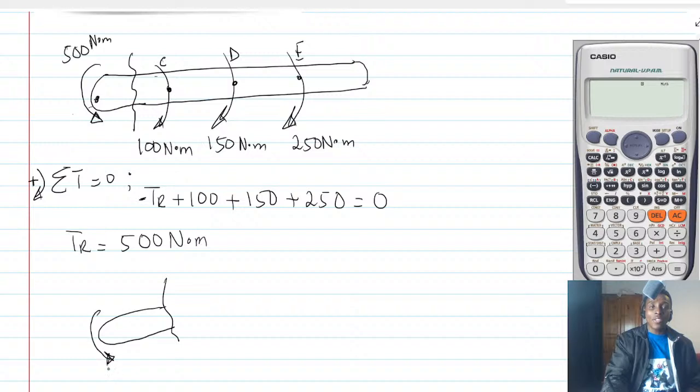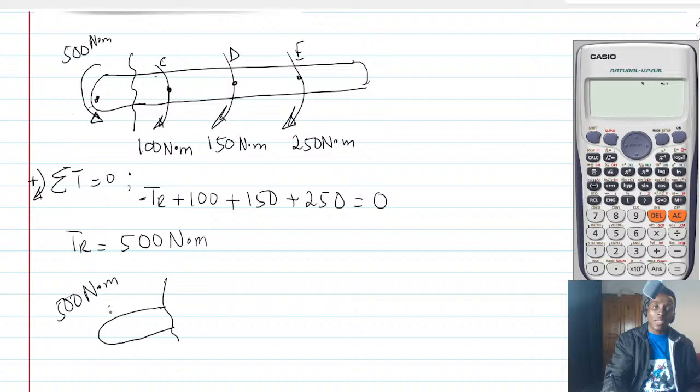So TR is going to rotate it in this sense, but for equilibrium, we expect that the internal torque will actually act in an opposite direction. Okay? So if this guy is coming this way, what we are trying to say is that if this will rotate it this way, then this one will rotate it in the opposite way.